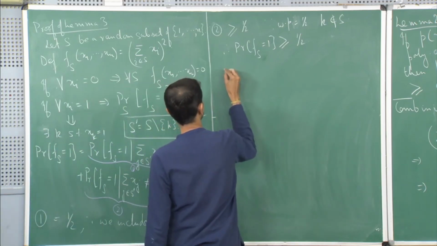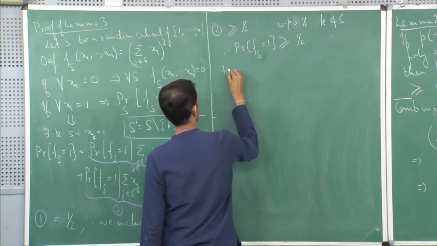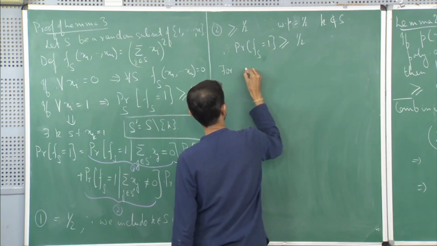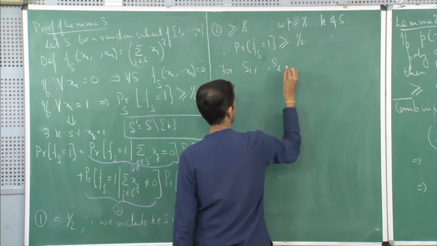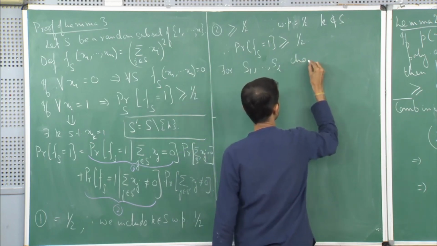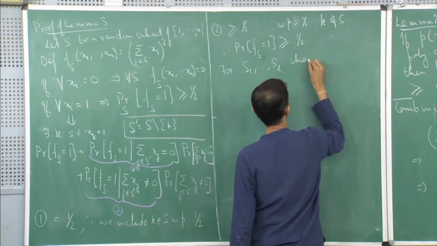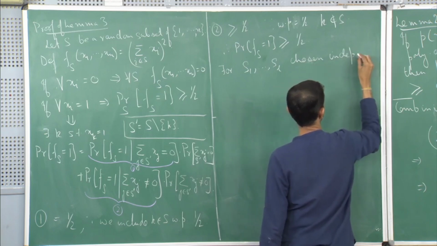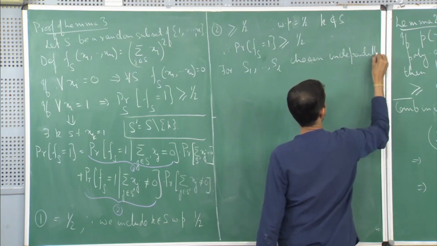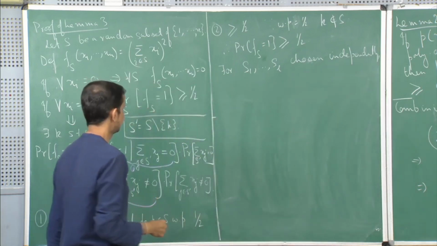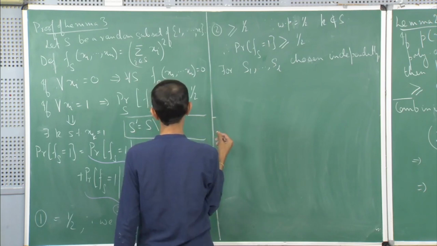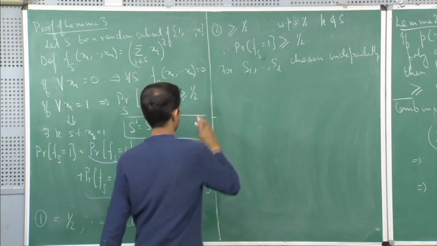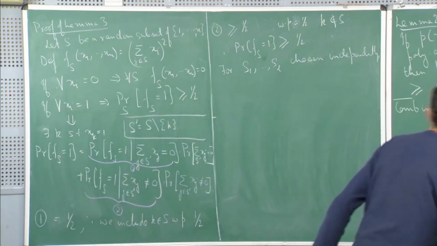So, for S1 up to SL chosen independently, what we have now is that, let me just do this.